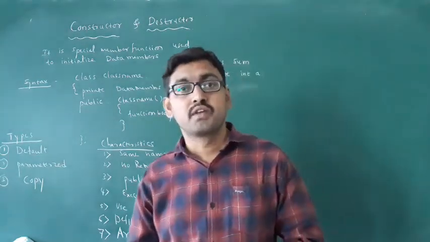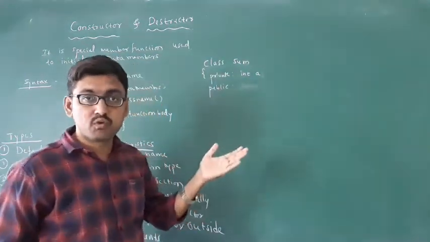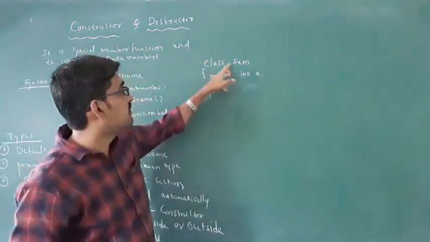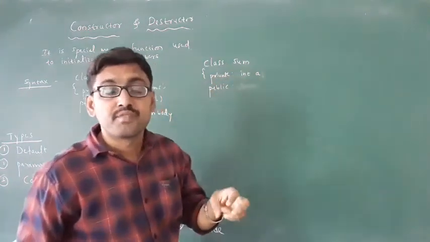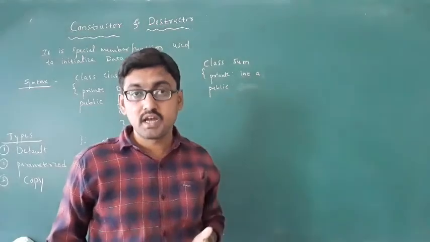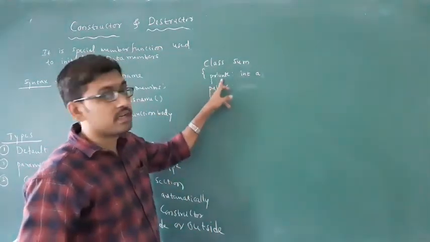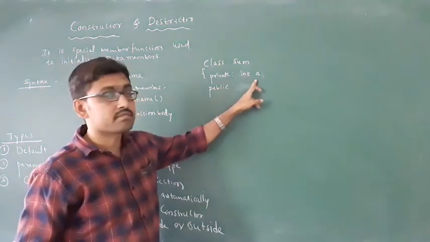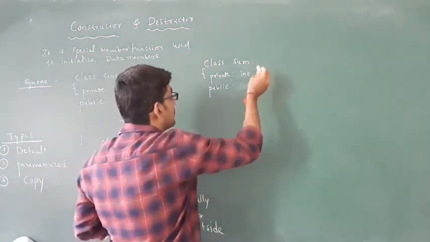You already know how to declare a class by using the class name, then how to declare the data members in the class. In private, you write int a, then a semicolon.